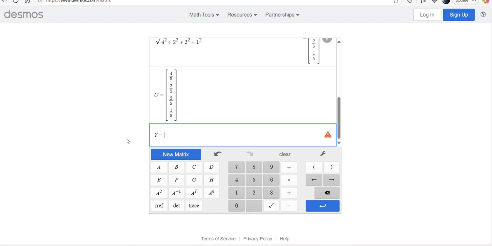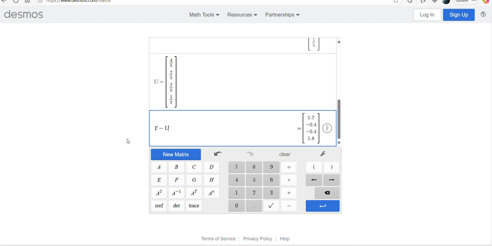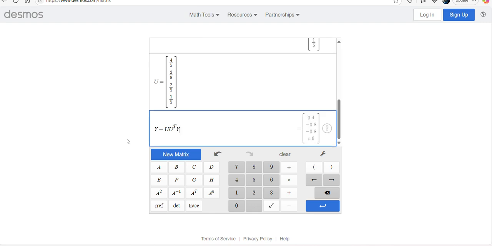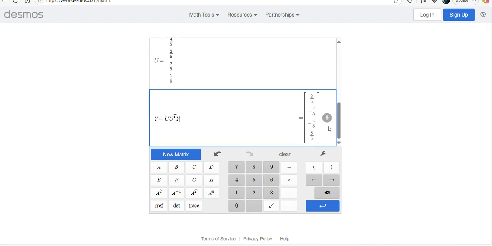So y minus u times u transposed times y. What this gives us is the difference between y and its projection, but we still want to normalize it.